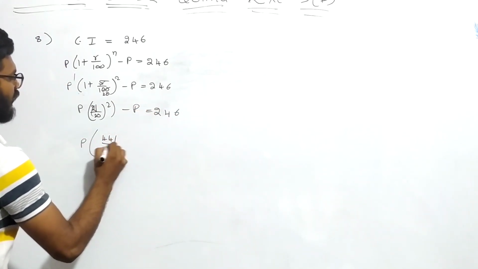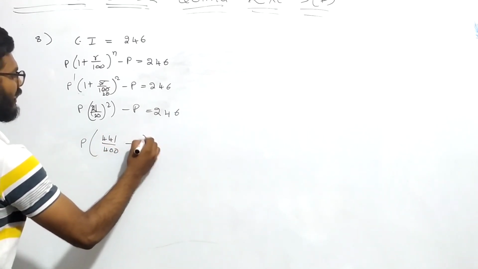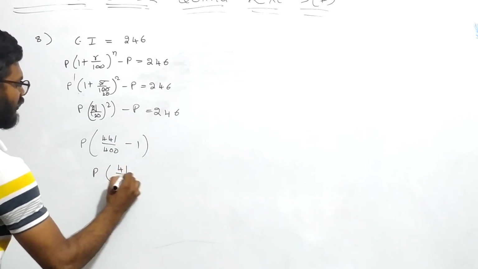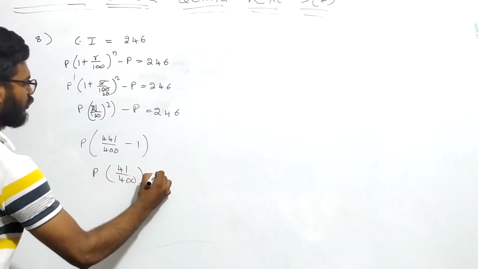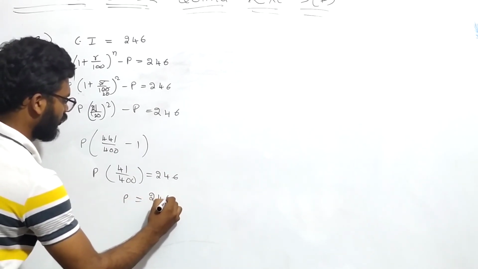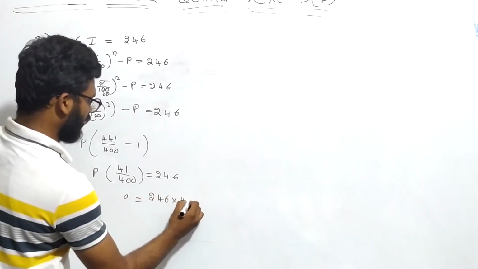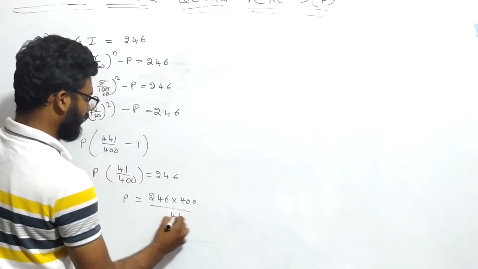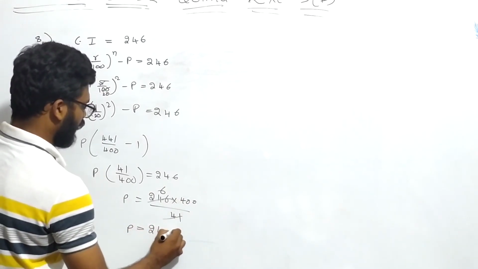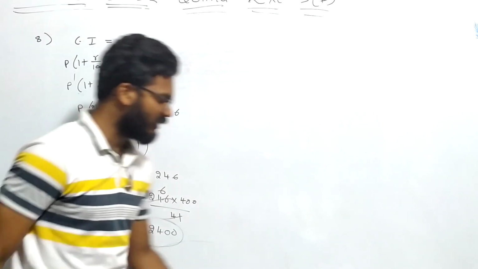So 441 by 400 minus 1. So P into 41 by 400 is equal to 246. So P is equal to 246 into 400 by 41. So 41 6 ja. So the principal is 2400.